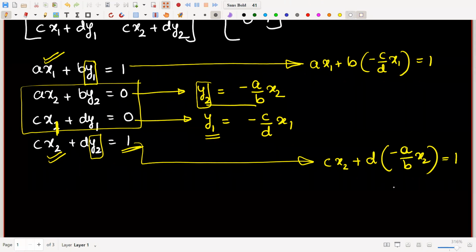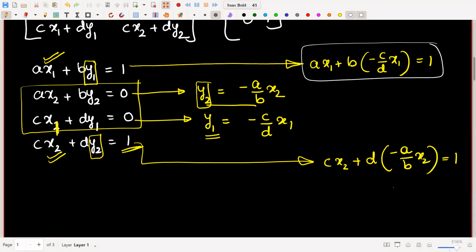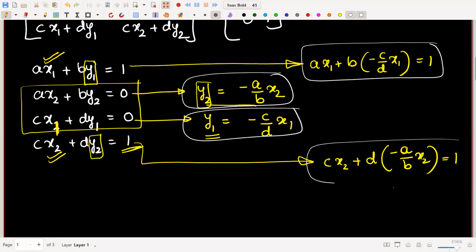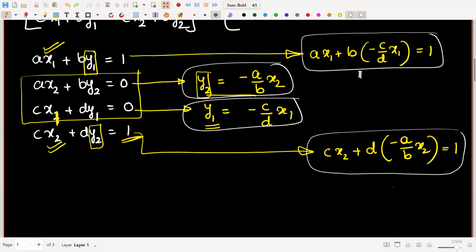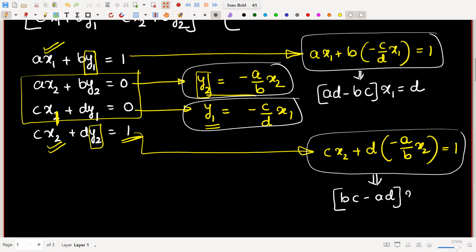All right. So now you have these 4 equations with you. This is equation 1, then you have the second, third and fourth. Anyways, let's take this one. So ad minus bc multiplied by x1 is equal to d. And from this, we can say bc minus ad multiplied by x2 is equal to b.